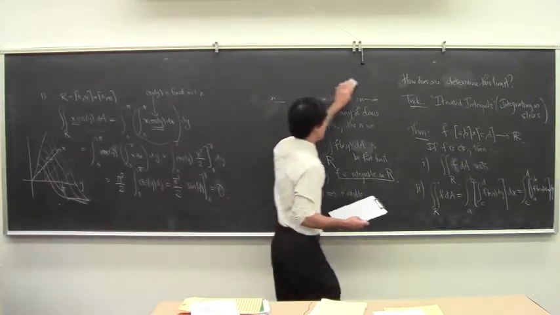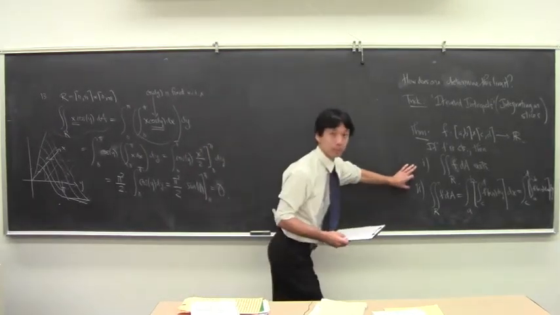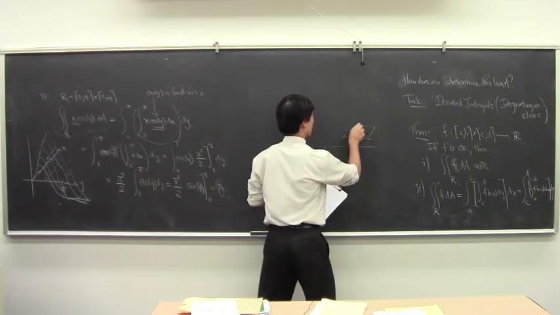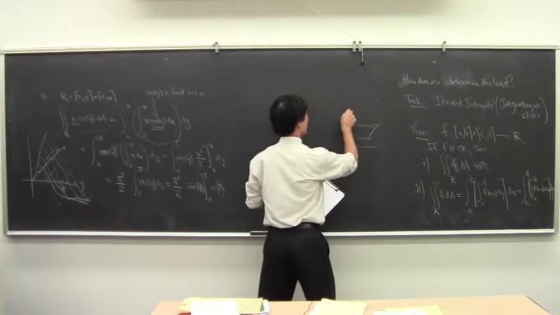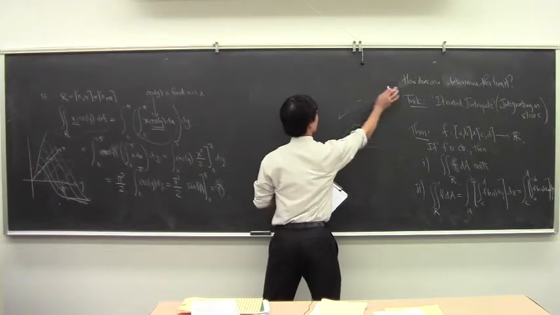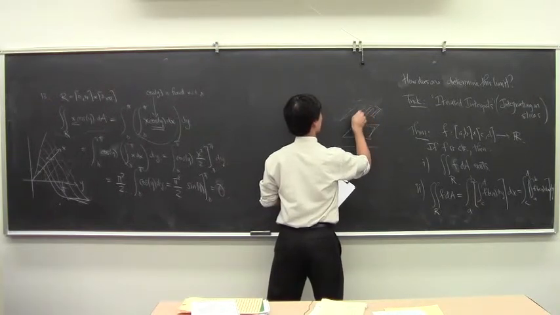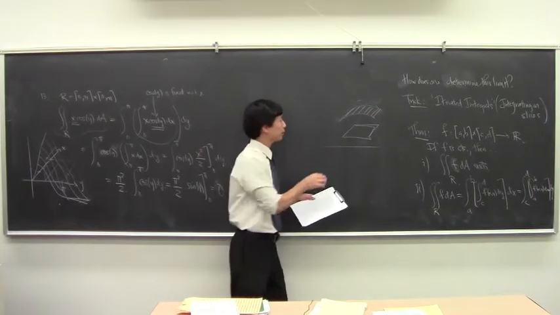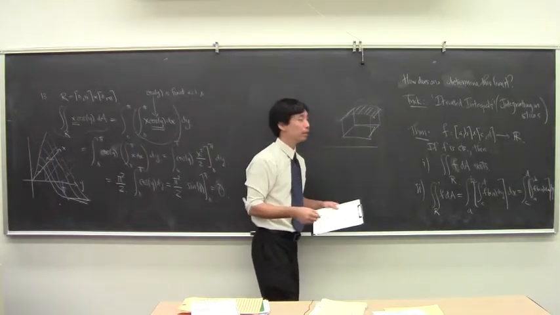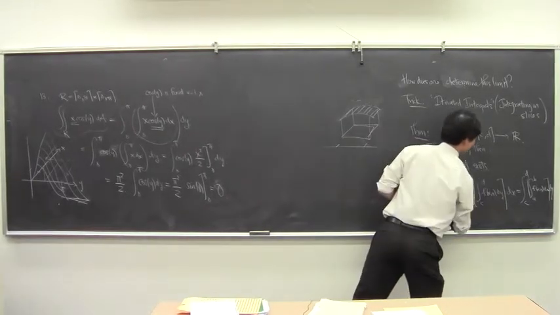Okay. Let me draw a better picture. So here's the idea of the theorem. You have your domain like this, and then above it you have again some sort of carpet. And you're wondering what the volume of this thing is. So you say, I'm going to integrate. Let's say we do it this way.